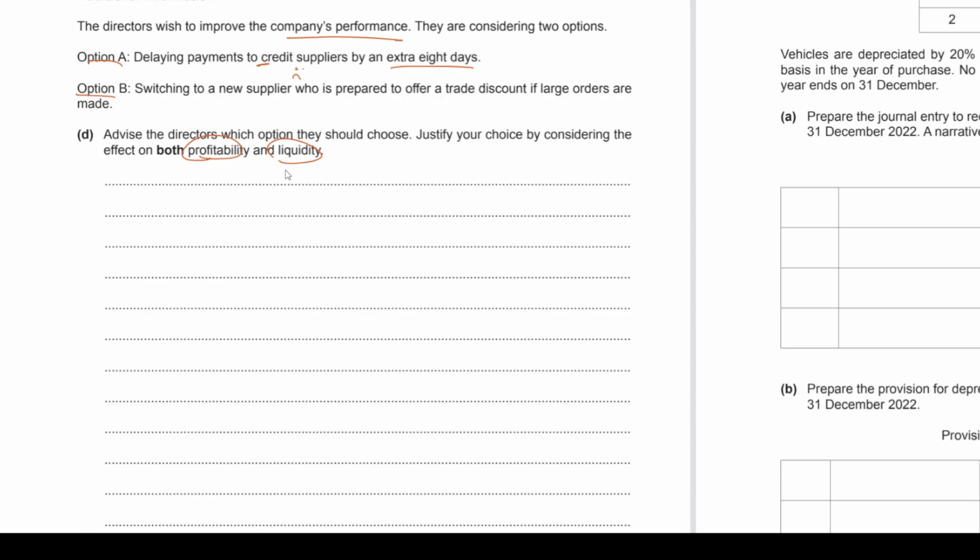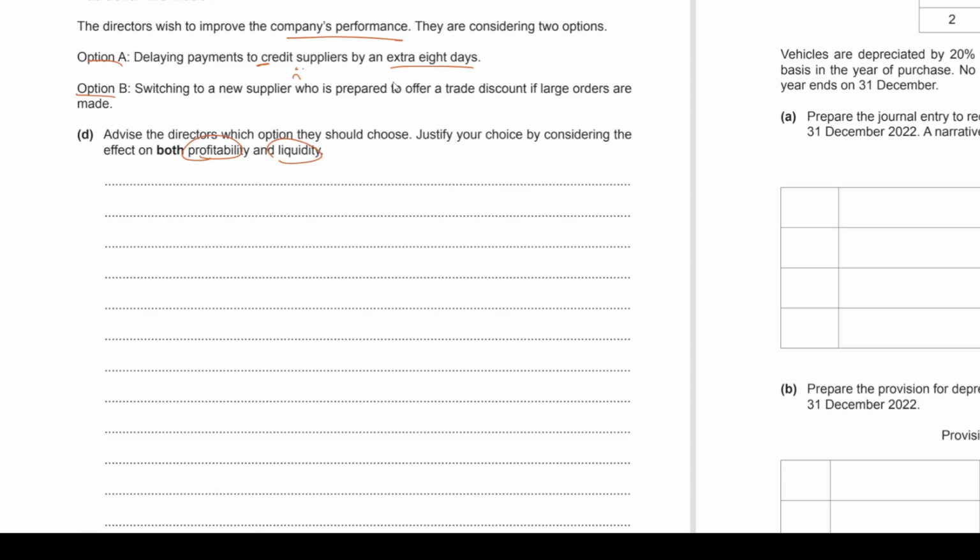We can retain that cash, use it to reinvest in the business, and also use that cash for other purposes, right? So basically, it's going to help with our working capital cycle, delaying payments to credit suppliers by an extra 8 days. That's the liquidity impact. It's positive, so write positive things about that.